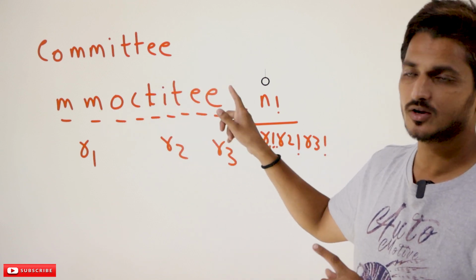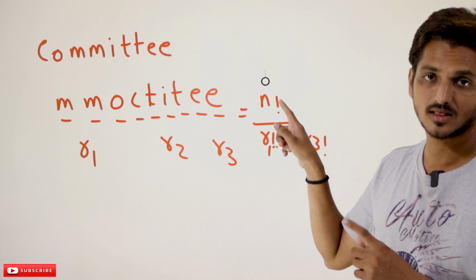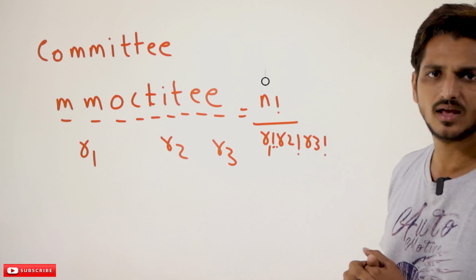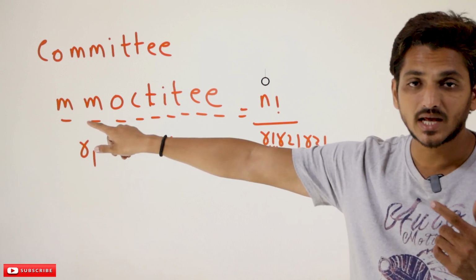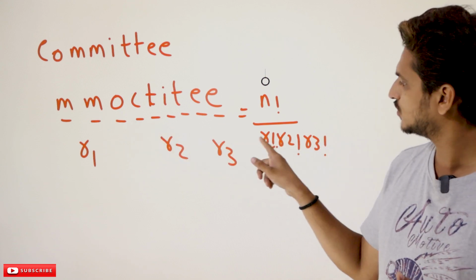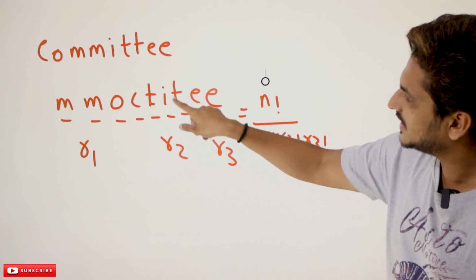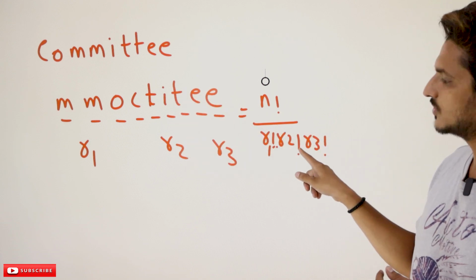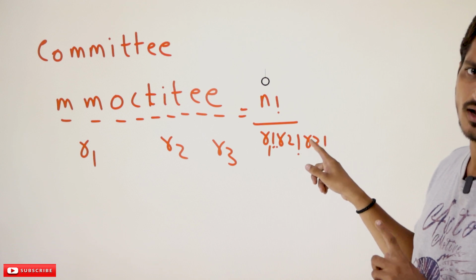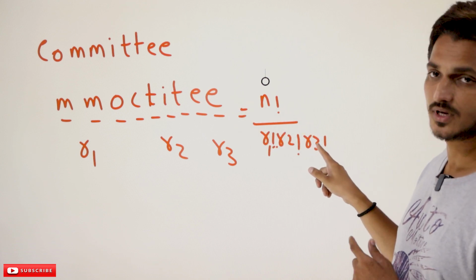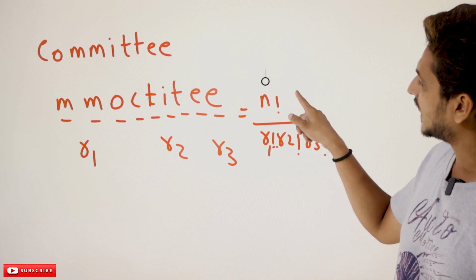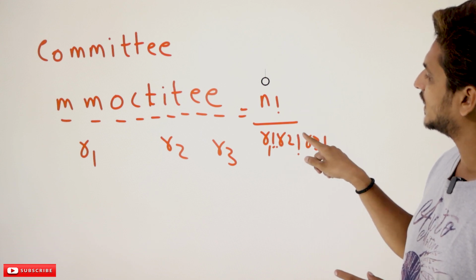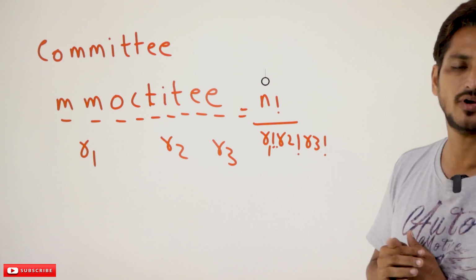Total how many characters are there? 9. 9 factorial means n characters, n factorial, divided by r1 factorial. R1 means how many times M is repeated: 2 times, so 2 factorial. T repeated 2 times, r2, 2 factorial. E repeated 2 times, r3, 2 factorial. So 9 factorial by 2 factorial multiplied by 2 factorial multiplied by 2 factorial.